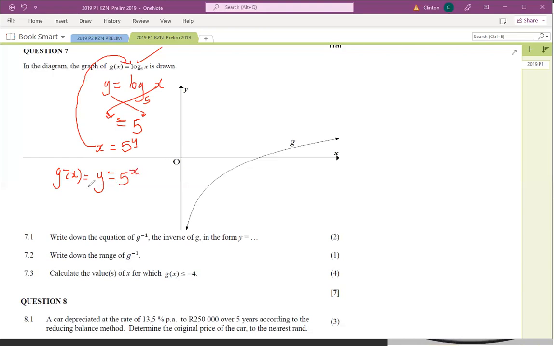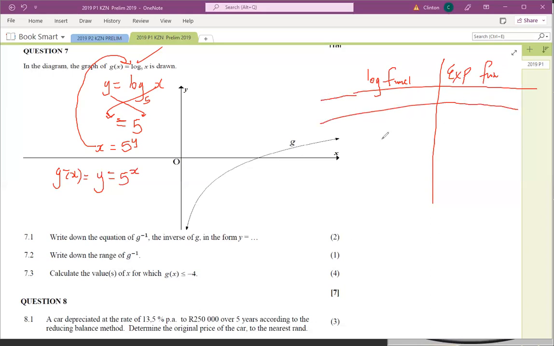So I have the table method, with the log function here and the table. This side I'm going to have the exponential function. The table method will help you to answer as many questions as possible.